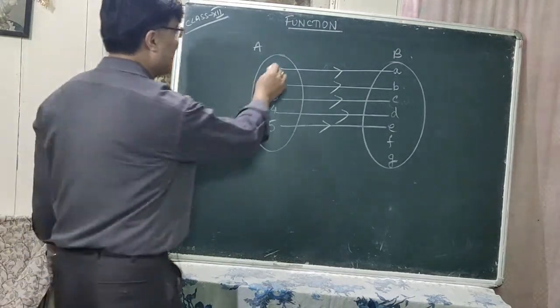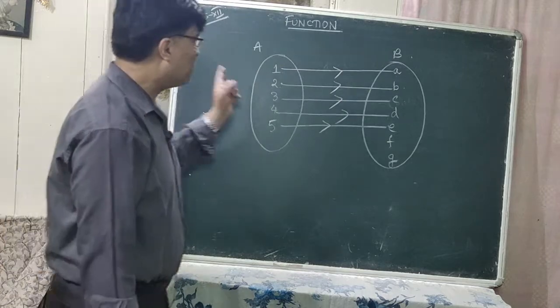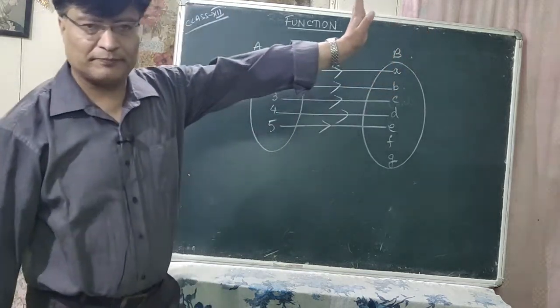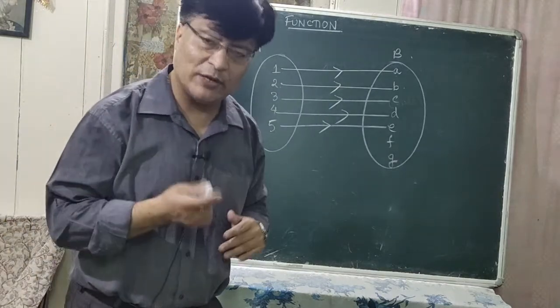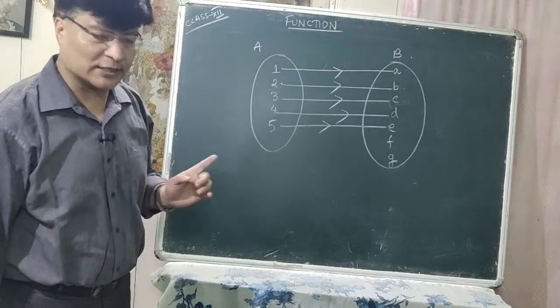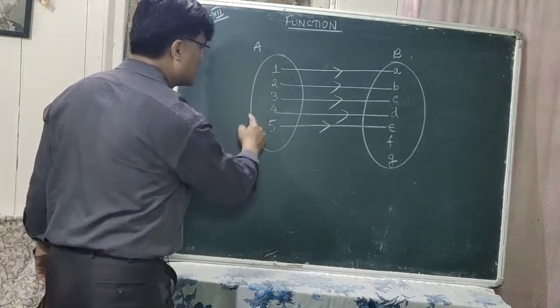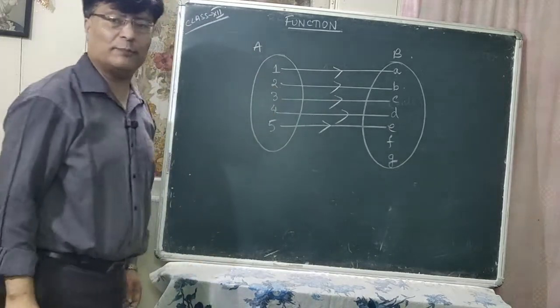त प्रत्येक एलिमेन्ट जति पनि यहाँ A सेटमा एलिमेन्टहरु छ सबैको इमेजेस चाहिँ B मा हुनै पर्छ, कुनै पनि छोडिनु हुँदैन, फंक्सनको लागि. ठीक छ, यो जुन चाहिँ सेट A मा जति पनि एलिमेन्ट्सहरु छ सबको इमेज चाहिँ B मा हुनै पर्छ.